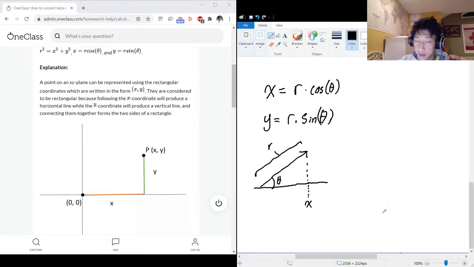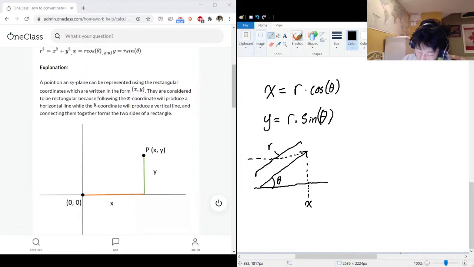This is really just why it is cos: cos is the relationship between the hypotenuse and the side that is adjacent to the angle. You multiply the hypotenuse with the value that cos gives you for the angle, and it'll give you the x. Makes perfect sense.